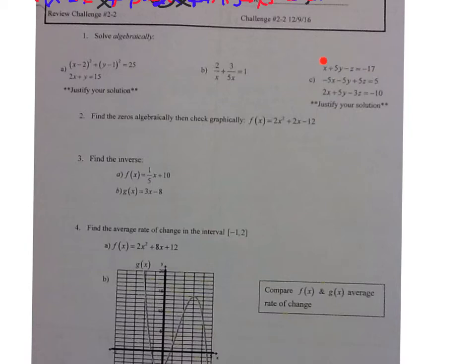Okay, so 1C is to solve the multivariable equations. That's the 3 equations with the 3 unknowns. And it says to justify your solutions. Okay, so I'm just going to rewrite them. So that would be x plus 5y minus z equals negative 17.